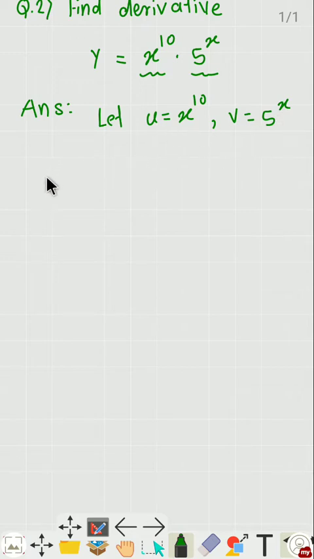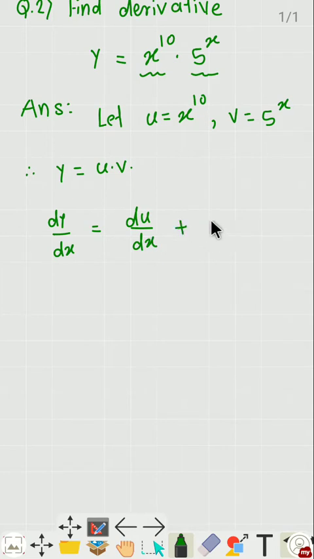Okay, now we write, therefore our function y becomes u into v and its derivative dy by dx is equal to, sorry, it is a product rule and I'm writing addition rule.